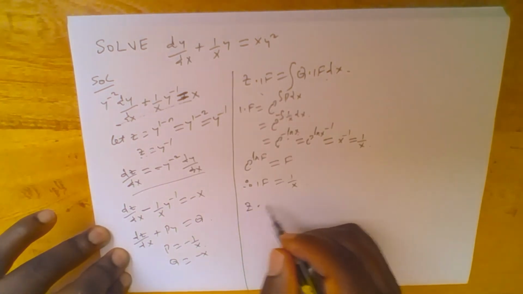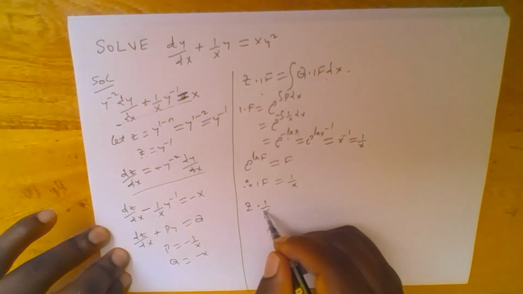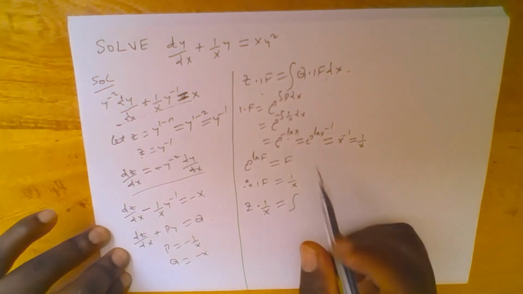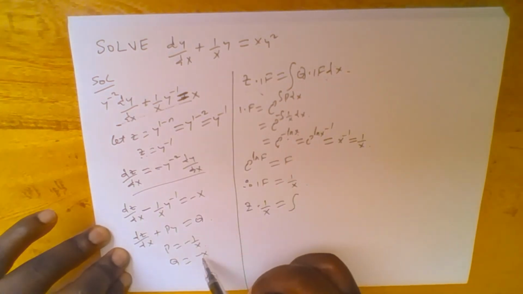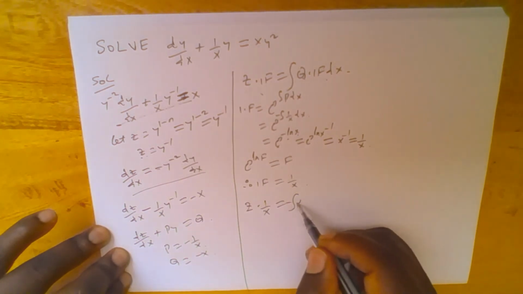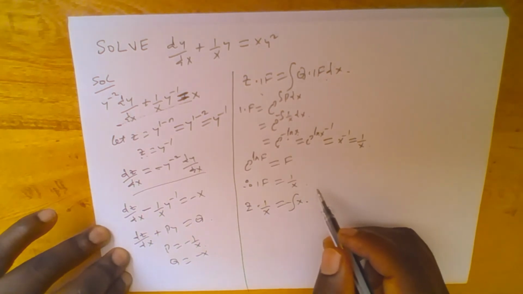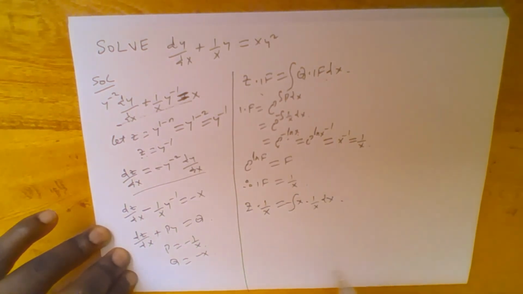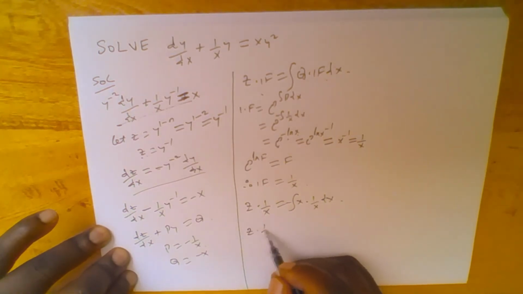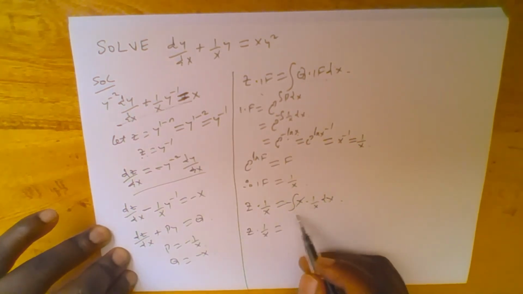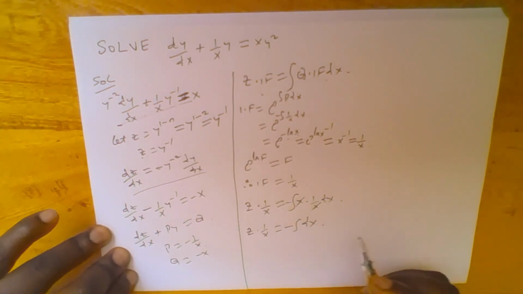So we have z dot integrating factor, which is 1 all over x, equals the integral of q, which is negative x, so it will be negative outside, dot integrating factor, which is 1 all over x, then dx. So z dot 1 all over x equals, x and x will cancel, so it is minus integral of dx.